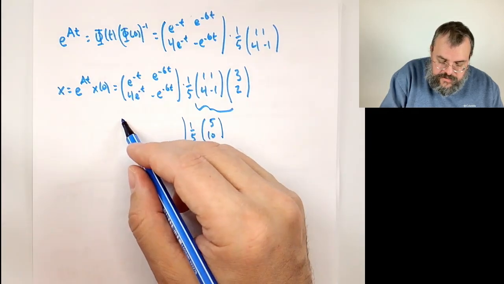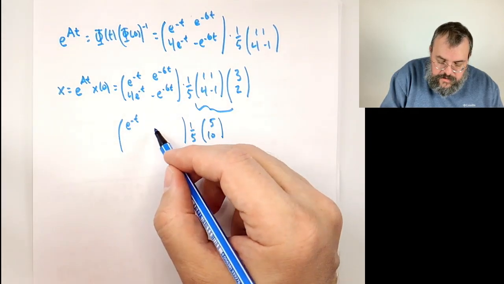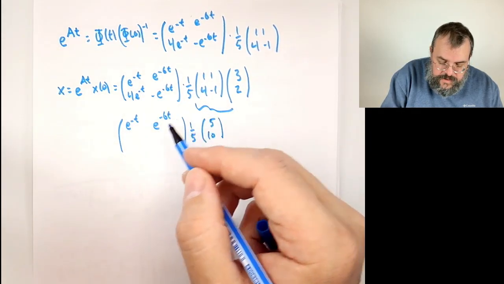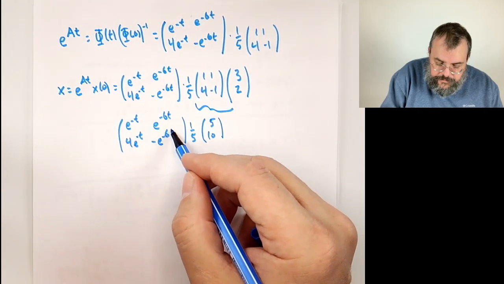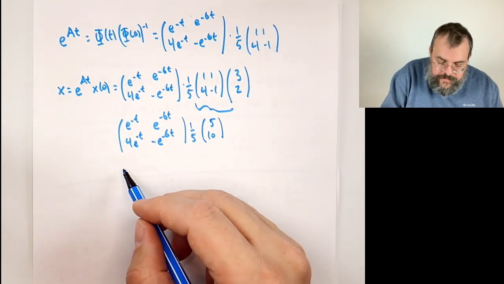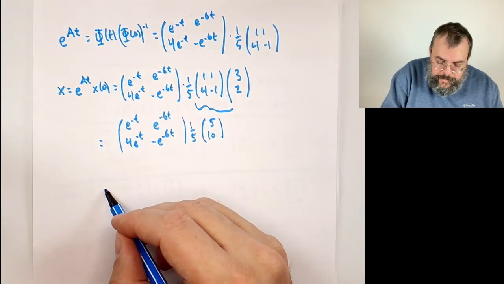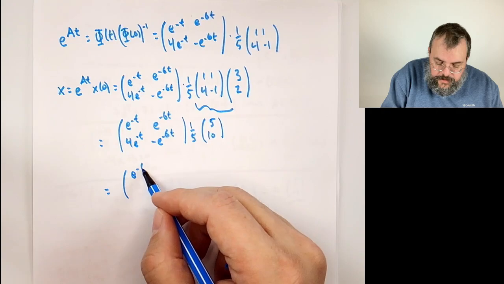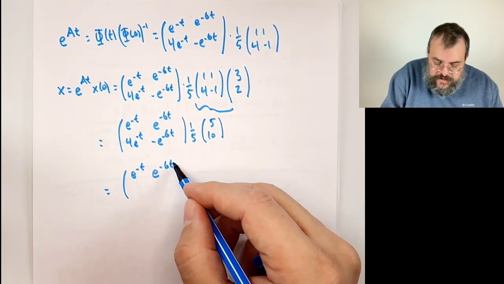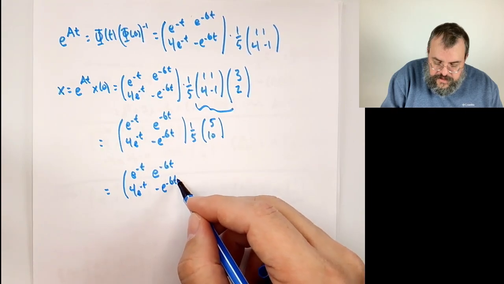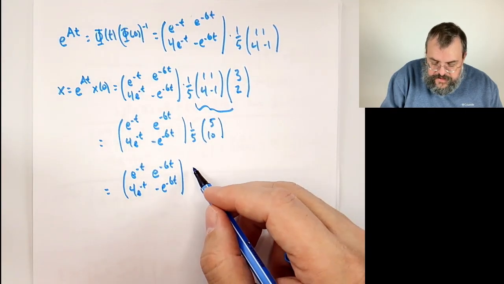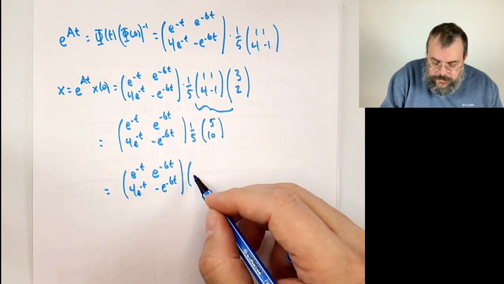And then times the rest of this. And we just copy that down. All right, go ahead and multiply the 1/5 through. And so we'll have lots of copying here. We probably could have done the 1/5 at the previous stage, but we'll have 1, 2.